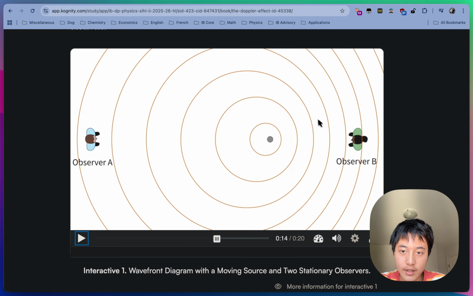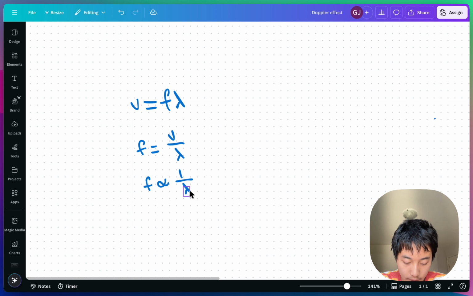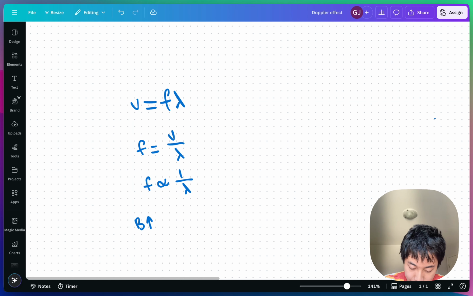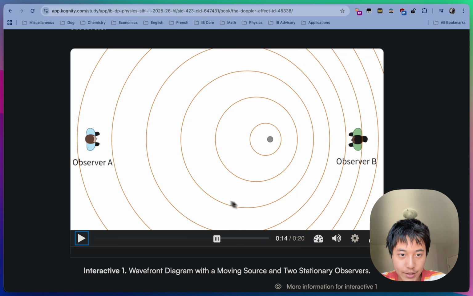Observer B is experiencing shorter wavelengths, while A is observing greater wavelengths. For B, since wavelength is decreased, frequency increases. So observer B is experiencing a frequency of sound that is increased, whereas A is experiencing a frequency that is decreased.